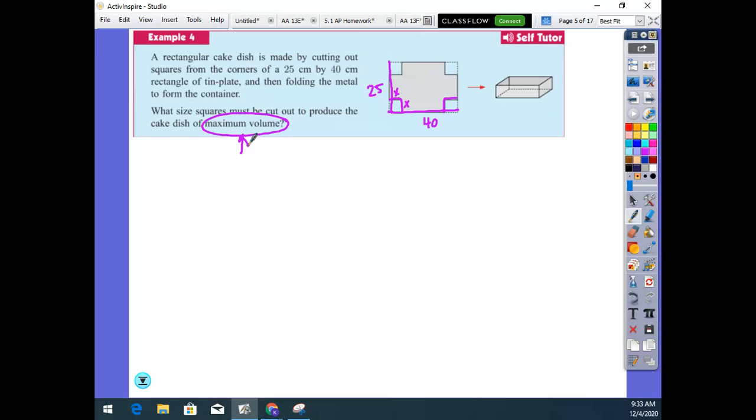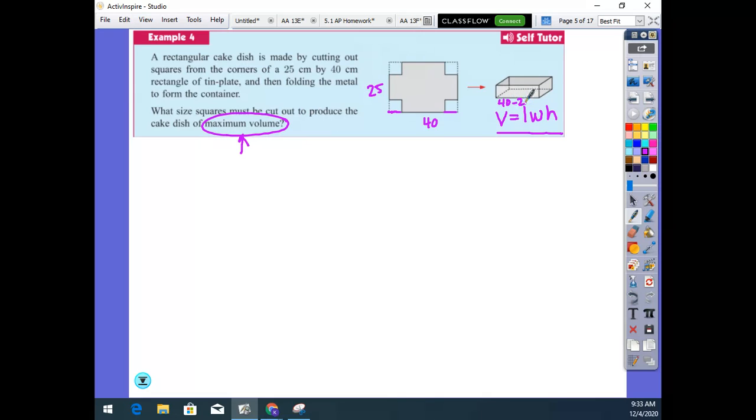So what's the volume in general of a rectangular prism? Length times width times height. So what I want to do is create an equation just using x. Let's think about this. If this picture started out 40 and I cut this out and fold it up, how long is this across now?